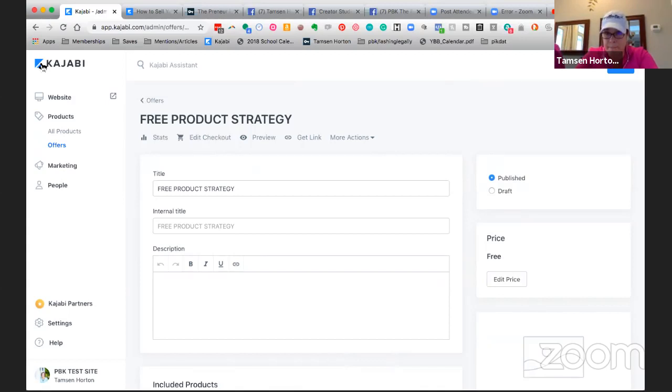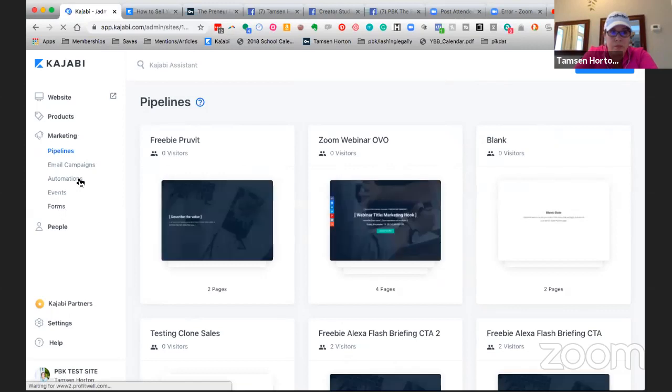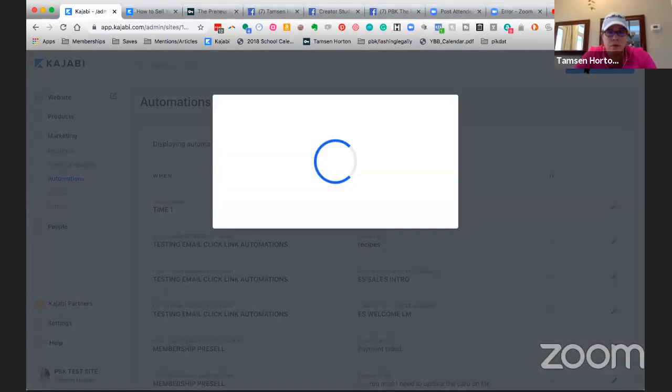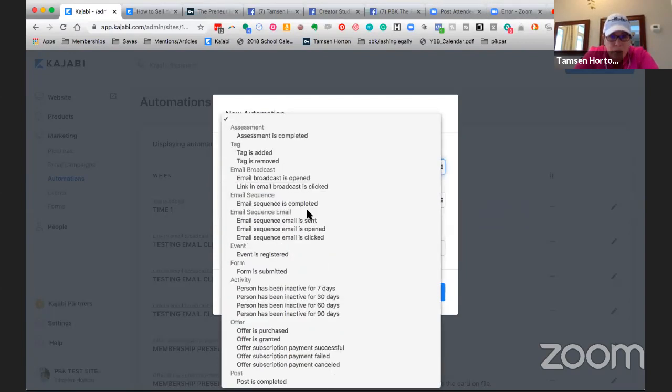With me so far? Okay, so I could go into automations because they're going to be on the opt-in form. And what I can do is, on the form, let's go to automations because I know I have a form in here. I would make a new automation, and I would say when the form is submitted, where's our form?